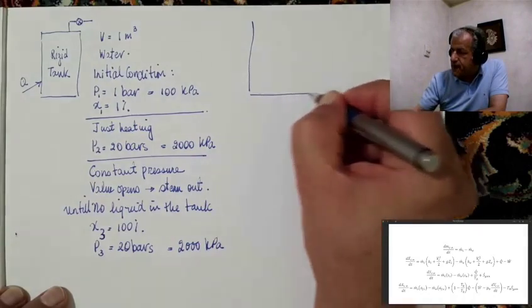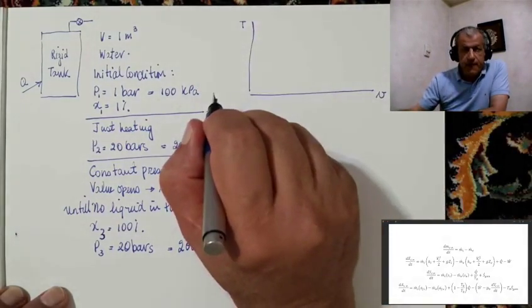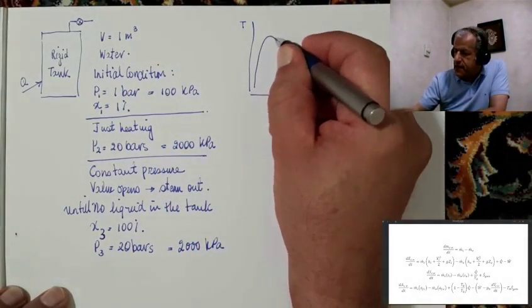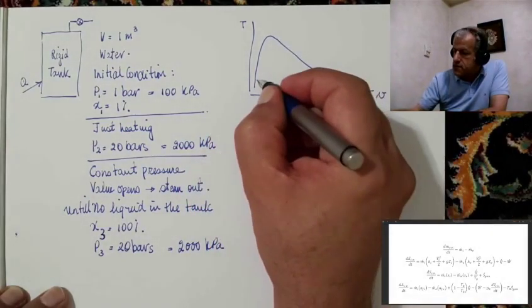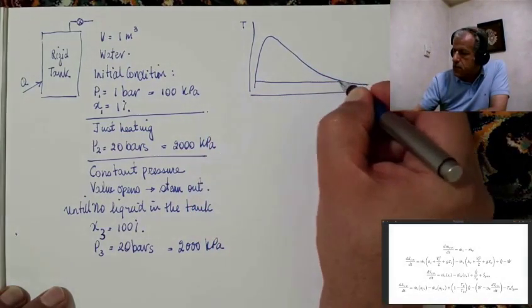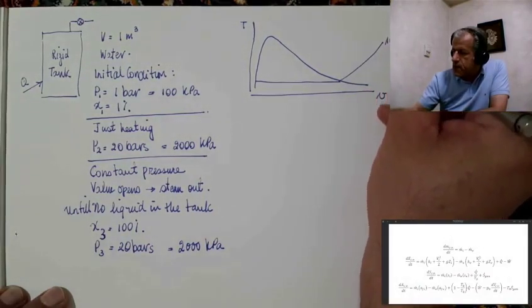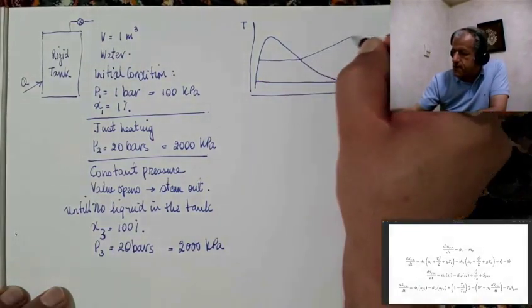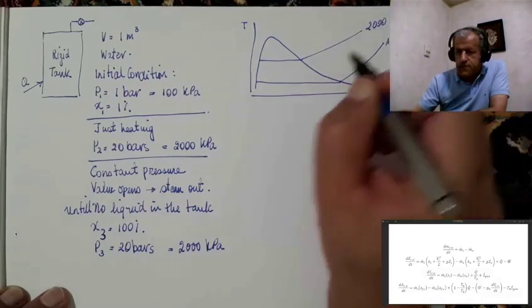We have a T-v diagram, and this is the saturation line. There are two constant pressure lines. One is 100 kilopascals, and the other one is 2000 kilopascals.